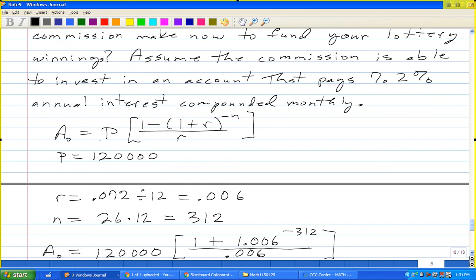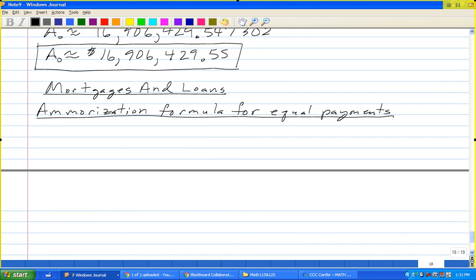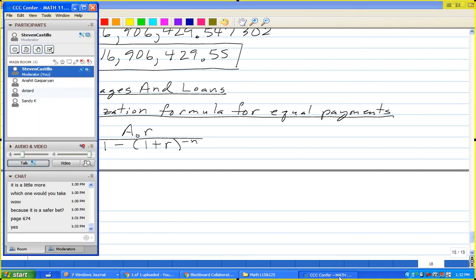And so if you solve that equation for P, you get that P is equal to A0 R over 1 minus 1 plus R to negative N. Okay?